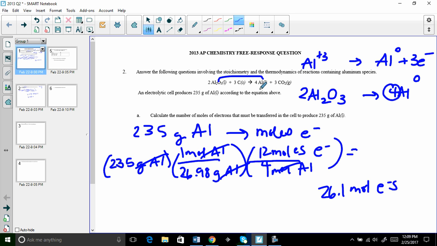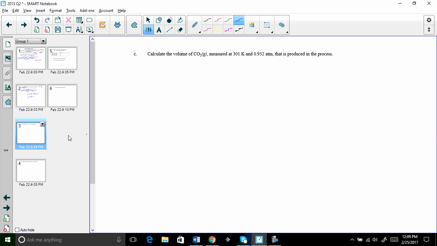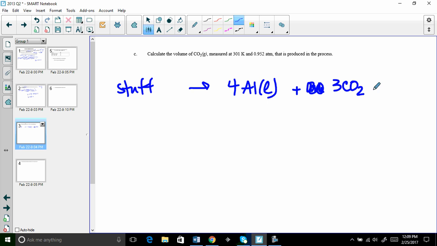So metal in liquid state, and 3 moles of carbon dioxide. There's a 4-to-3 ratio on the product side between aluminum and carbon dioxide.